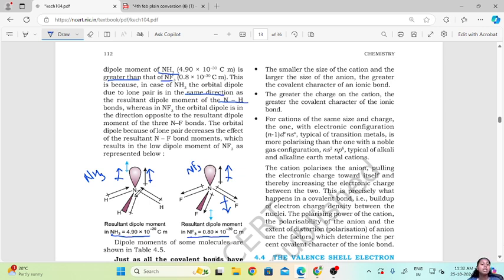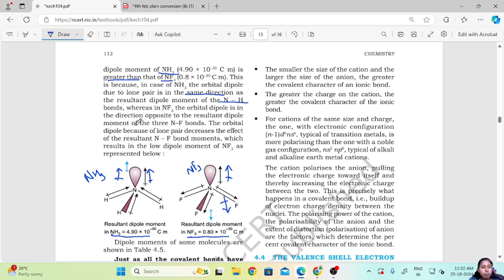Because in NH3 all the dipole moments are towards one direction, whereas in NF3 the dipole moment of the lone pair is towards up, and the resultant dipole moment of the N-F bonds is straight opposite to the dipole moment of the lone pair. Hence the dipole moment of NH3 is greater than the dipole moment of NF3.